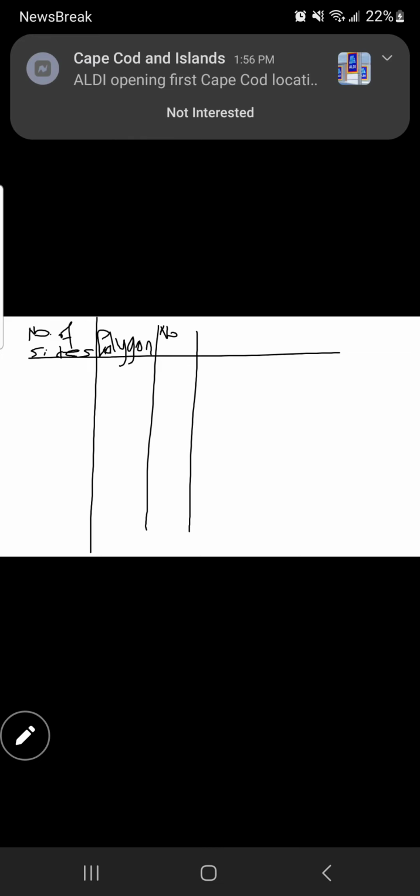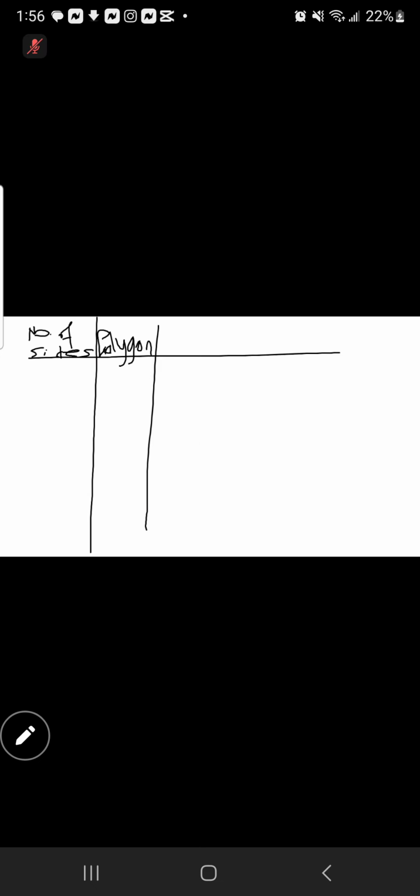Move this line, it's a little bigger. And the last column now: sum of interior angles, I-N-T-E-R-I-O-R. Sum of interior angles, A-N-G-L-E-S.